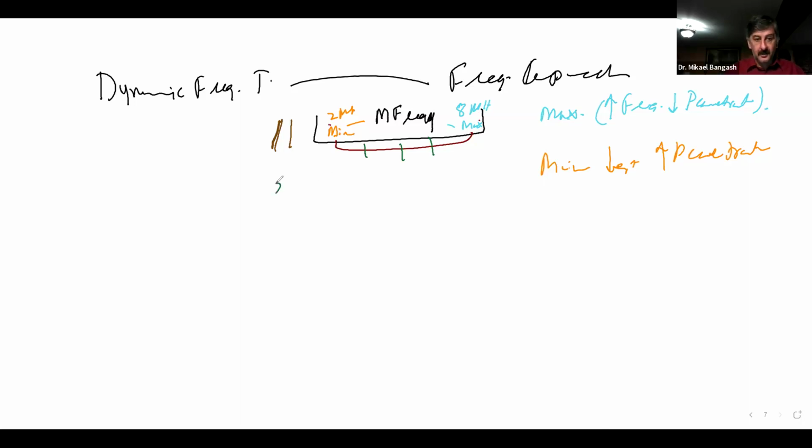So the first can be from 2 to 4 megahertz. The next can be from 4 to 6 megahertz. The next can be from 6 to 8 megahertz. Did that make sense? So we're going to say these are sub-bands of your bandwidth.